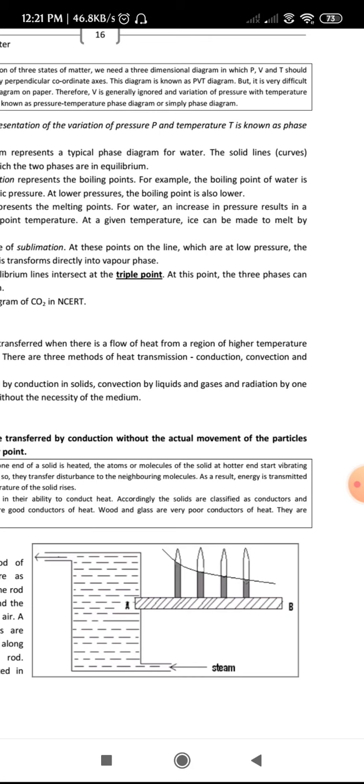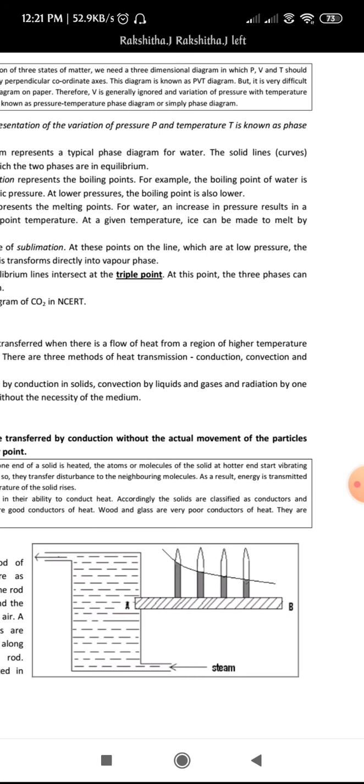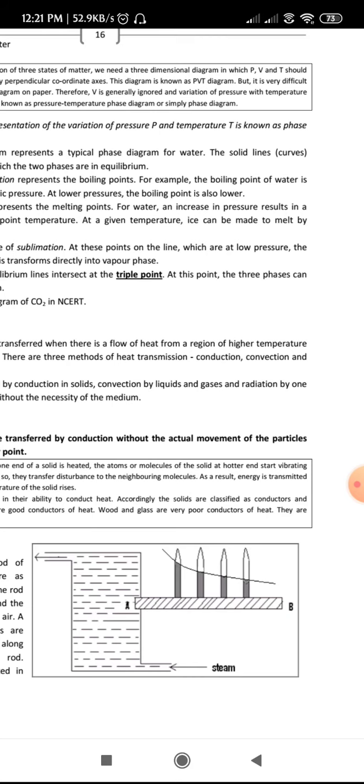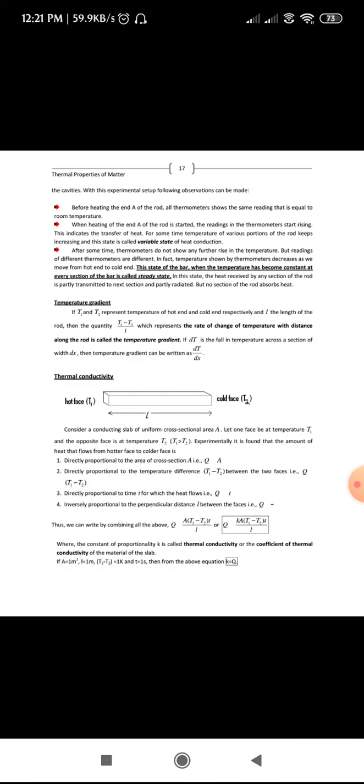That means that even if you supply continuous heat to the rod, there is no increase in temperature in the thermometer. That state is called the steady state, where no increase in temperature takes place in the thermometer. This is the difference between the variable state and the steady state.